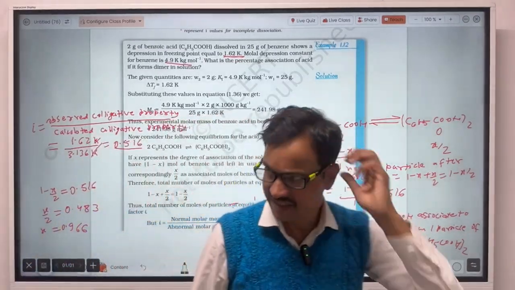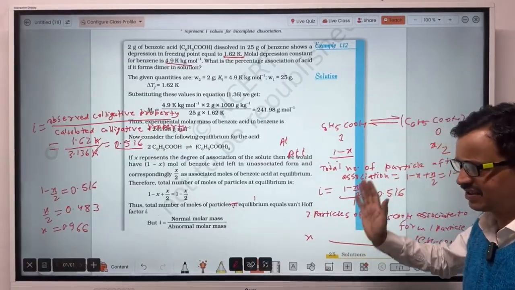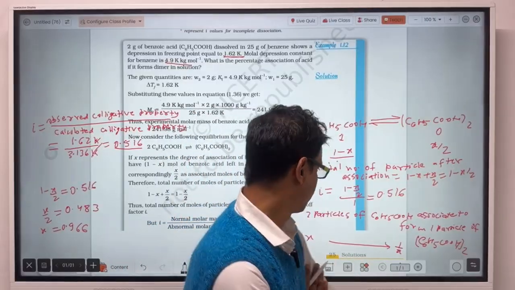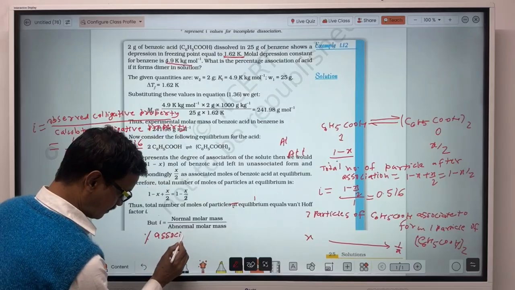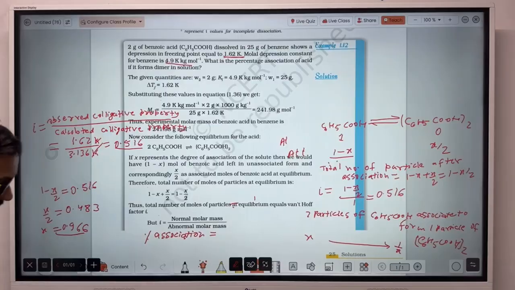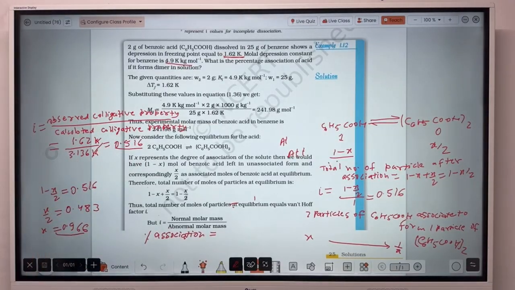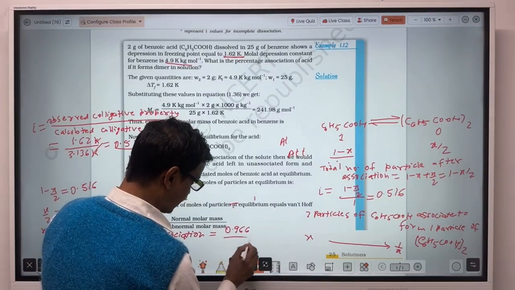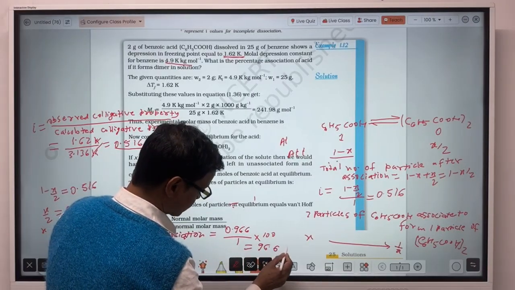Percentage association means: when you take 100 particles, how many particles will associate? That is called percentage association. When you have taken 1 particle, then 0.966 particle has associated. So when you take 100 particles, multiply by 100. So that will be 0.966 upon 1 into 100, that means 96.6%.